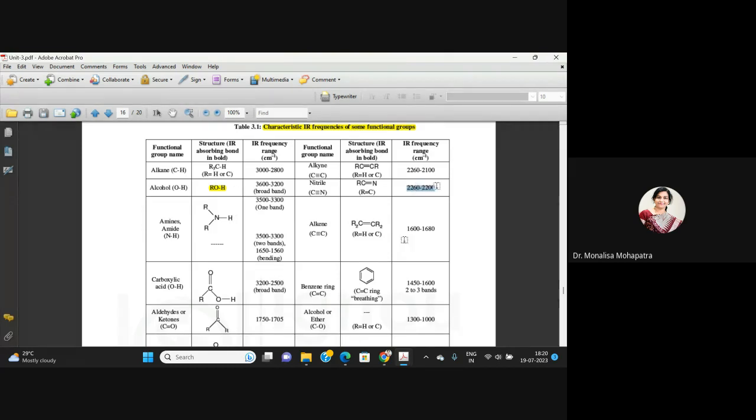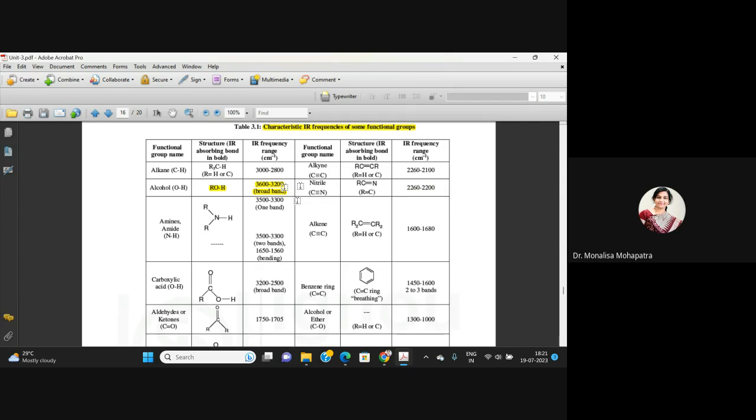If the band is coming within this region, then you may predict that it may have an alcoholic group. If a broad band is coming between 3600 and 3200, then you can confirm that you have an alcoholic group.